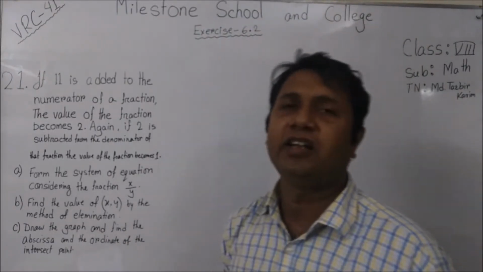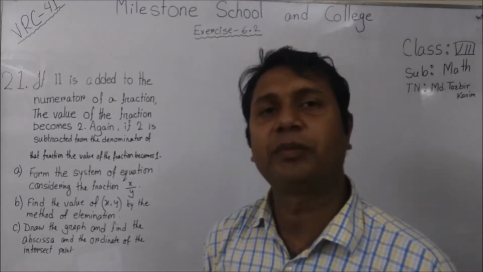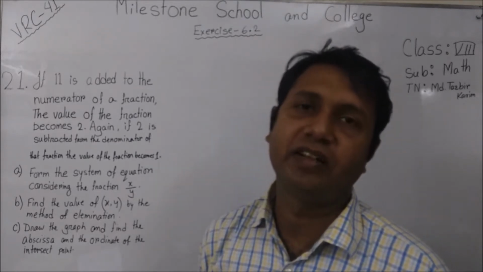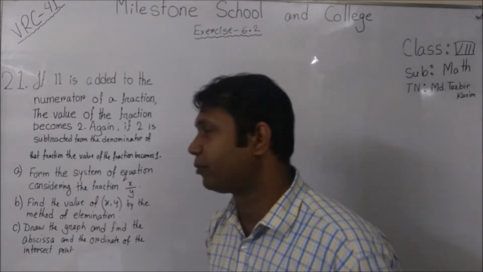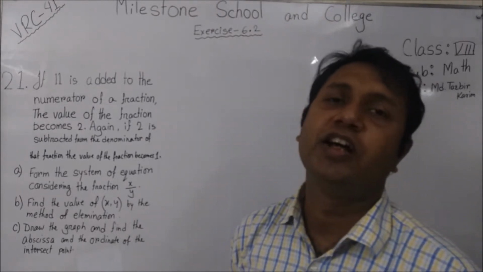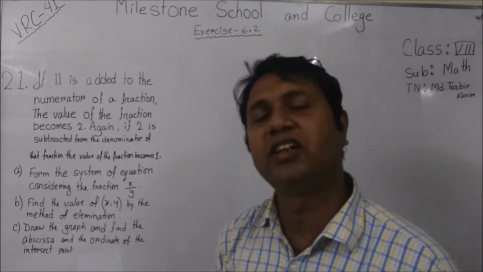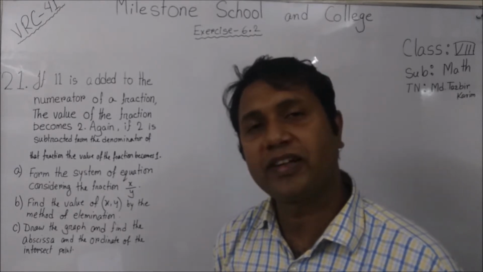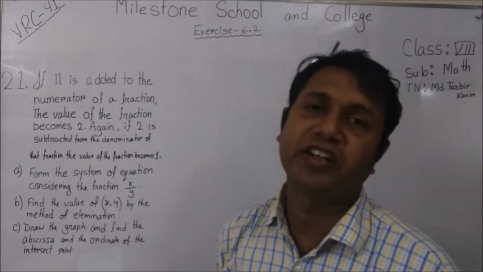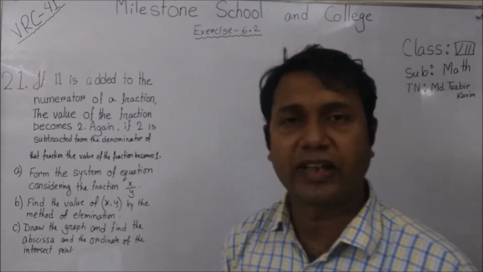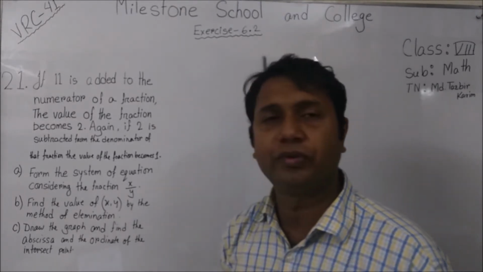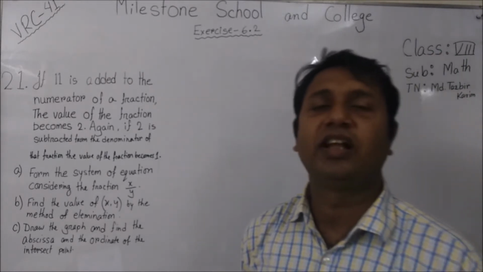If we add 11 to the numerator, that means (numerator plus 11) by denominator, then it is 2. And if we subtract 2 from the denominator of the fraction, that means numerator by (denominator minus 2), then that equals 1. This is the condition that is given to us.